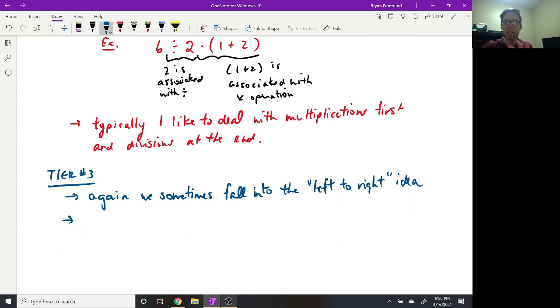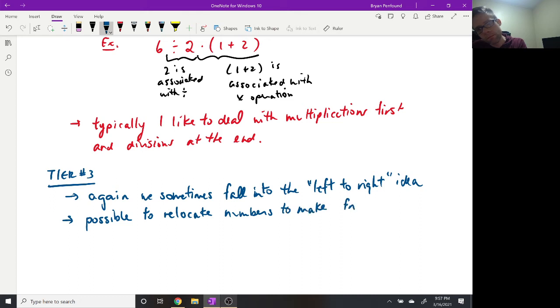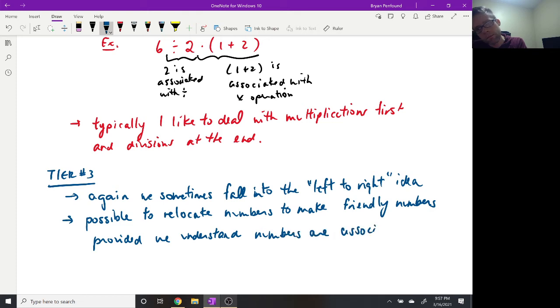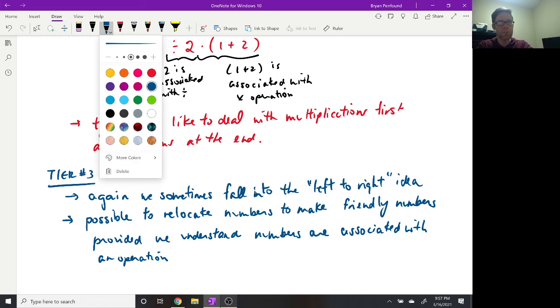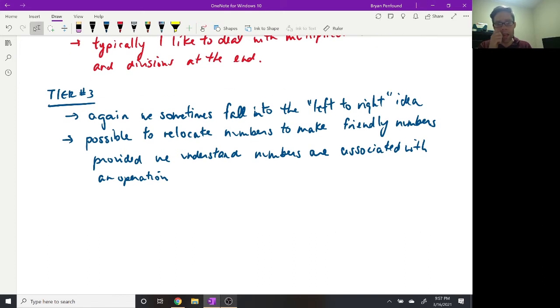I can move stuff around and create what we call friendly numbers. And again, it really comes down to this concept of numbers being connected together with an operation.